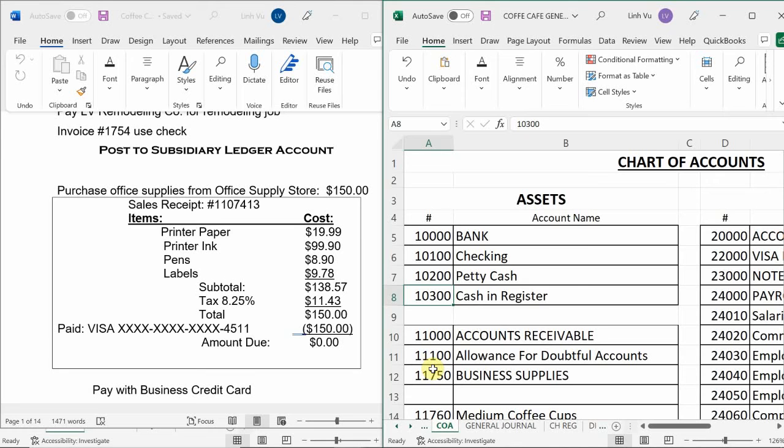Oh, so in a sense, it's like inventory. We have it, and then when we use it, we change it to an operating expense. Correct. Because then we record how much office supplies we used for the month of June. But as soon as we purchase these items, who has ownership over them?